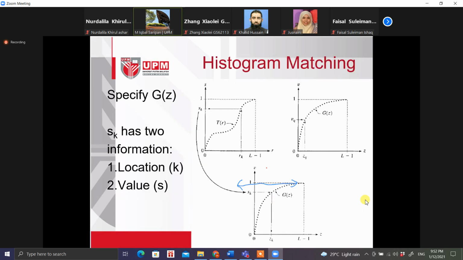Okay, so we can further extend the histogram equalization technique by introducing a transformation function in histogram equalization.